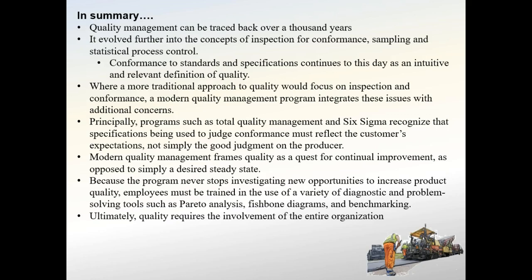Now, conformance to standards and specifications continues to this day as an intuitive and relevant definition of quality. Now, whereas a more traditional approach to quality would focus on inspection and conformance, a modern quality management program integrates these issues with additional concerns.